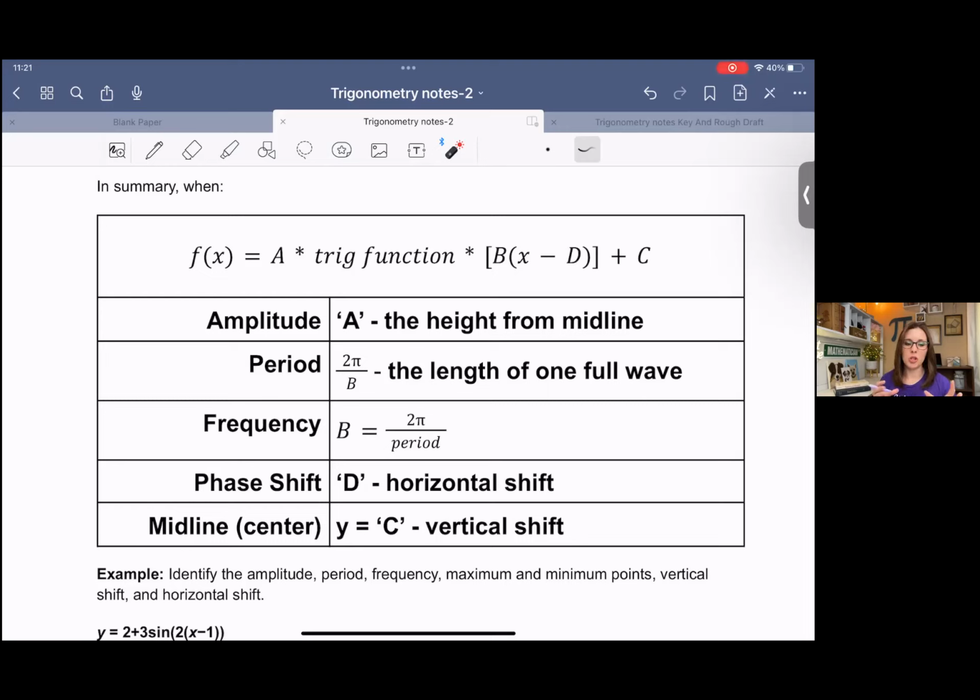Basically, that number out front is the amplitude, or the height from the midline. The period is 2 pi over the frequency, and the frequency is that number multiplied by x, in this case the variable b. If you found the period first, then you can do 2 pi over the period.